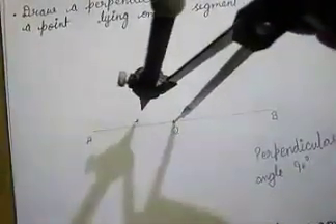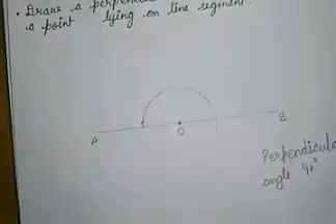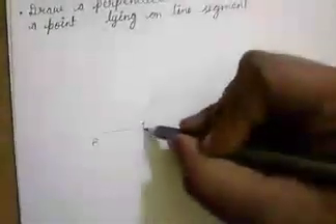This O will be the center, and with any radius of your choice, I'll mark an arc which will cut AB at 2 points like this. I got these 2 points.